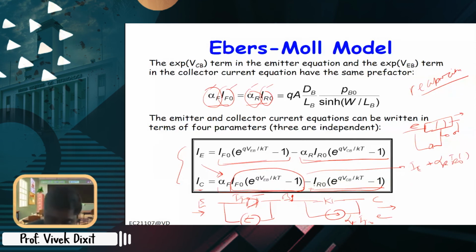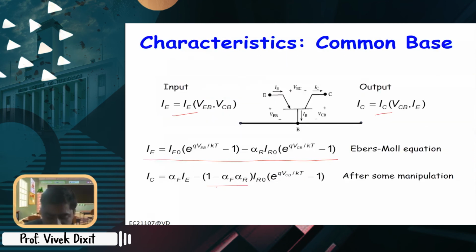Then you substitute here, so it becomes alpha F times IE plus alpha F times alpha R IR naught exponential this thing, and these two are combined. So this is minus sign here. So this is alpha R alpha F minus 1, right? So you will get alpha F alpha R minus 1, right?